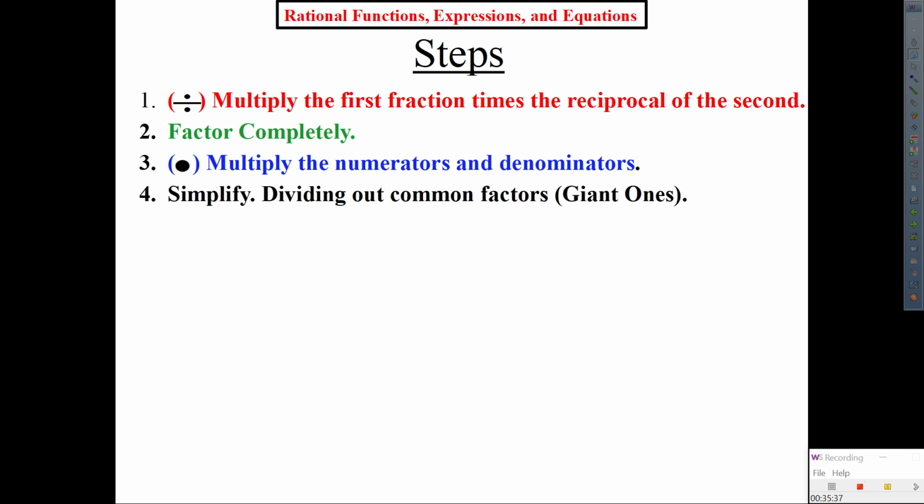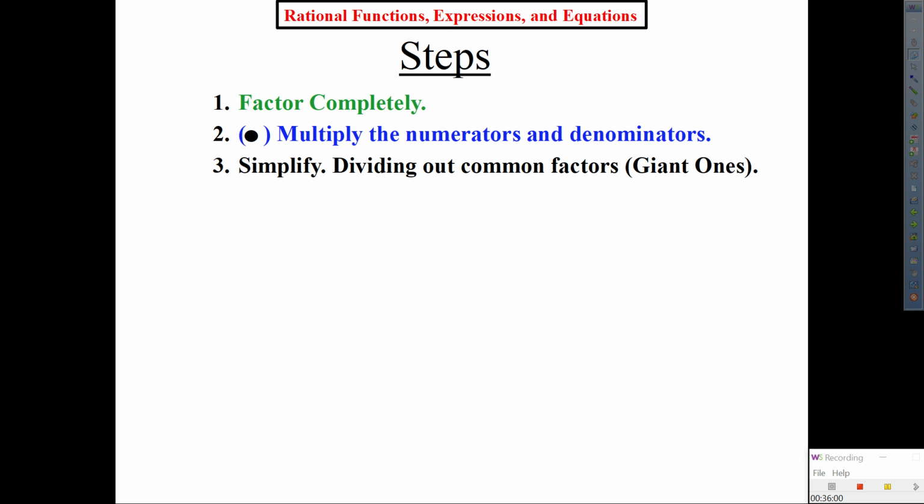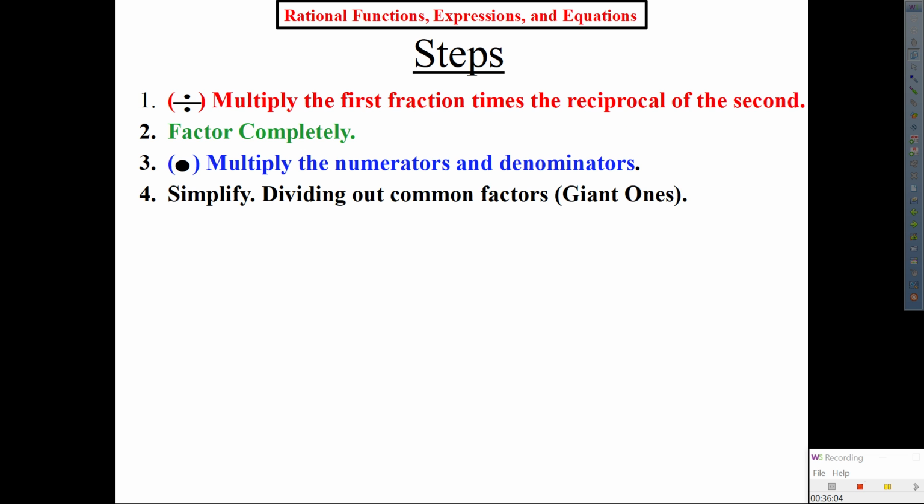So, we're done with multiplication. Let's go to division, because I want to finalize division today. These are the steps. Don't copy them. These are for multiplication. You have them, right? This is division. Multiplication. Division.